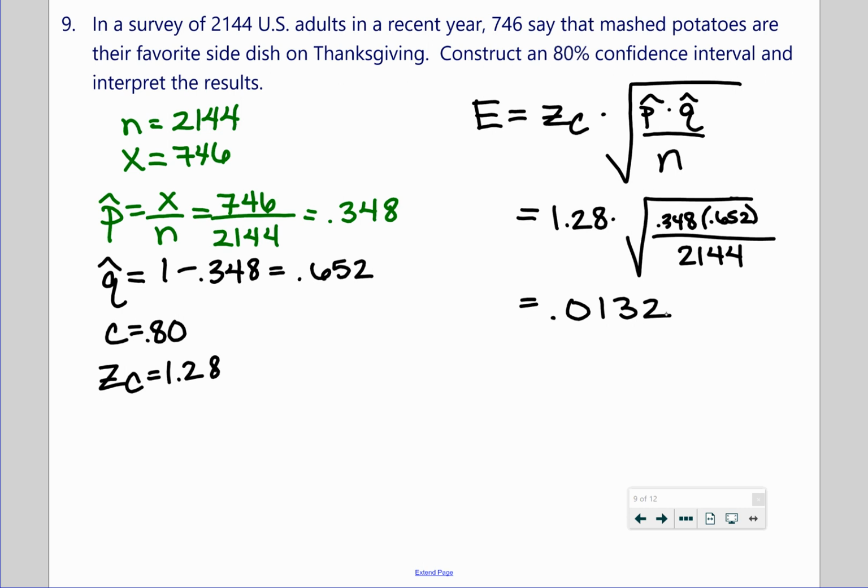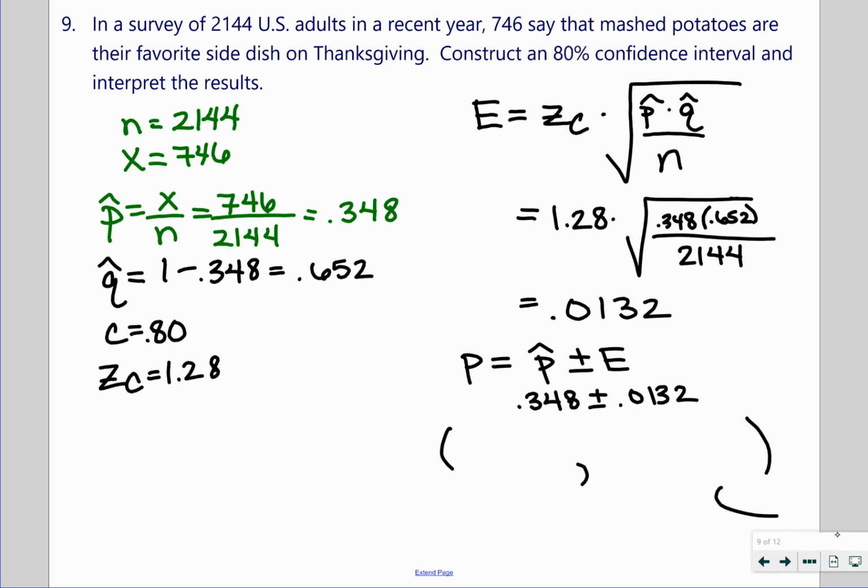So now to estimate p, which is the population proportion, we're going to take our p hat and add and subtract E, and that's going to give me my confidence interval. p hat, 0.348, plus and minus my margin of error, 0.0132, and you can write these as a decimal or a percentage. Either one's fine. If I subtract it, I get 0.3348 or 33.48%.